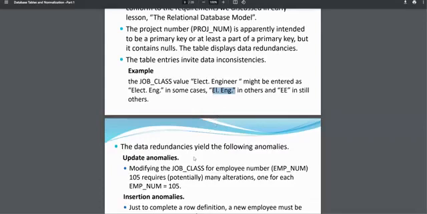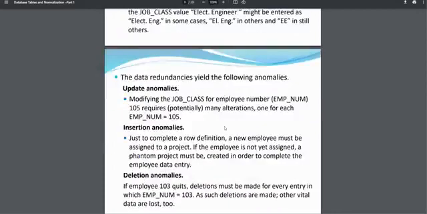When you perform an update, there might be data redundancies, duplications, and inconsistencies, and that will lead to data anomalies, right?